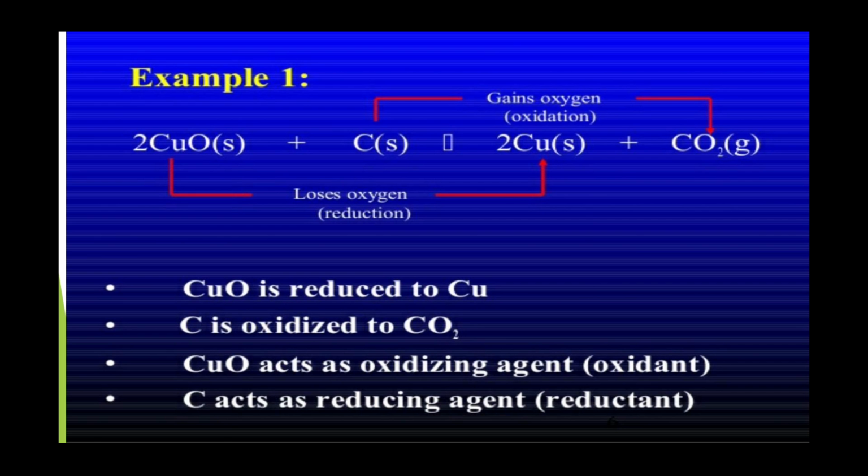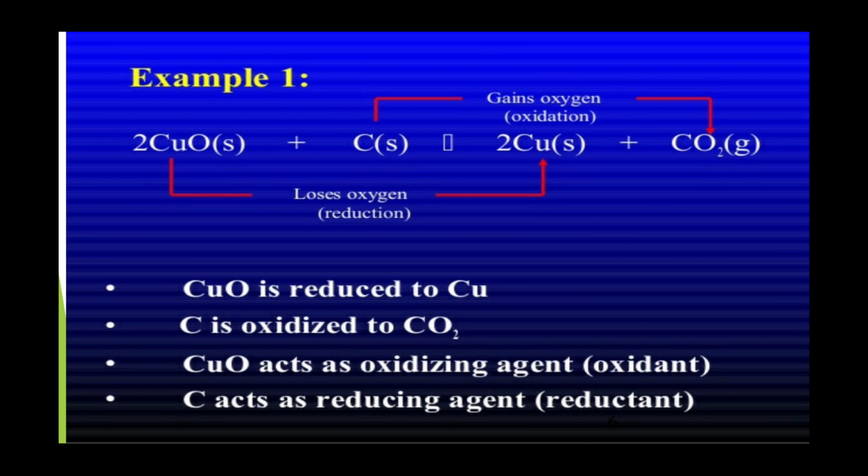Let us take another example. Here copper oxide and carbon are our reactants. We can see here copper oxide loses oxygen and gets reduced. That is, a reduction of copper oxide takes place here.